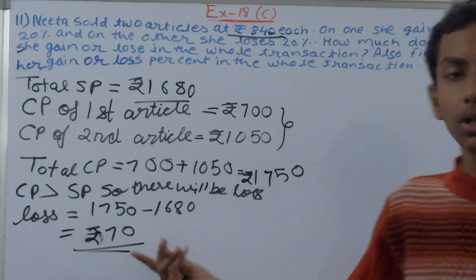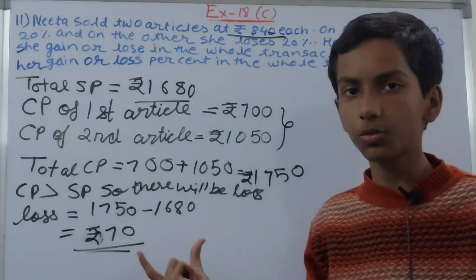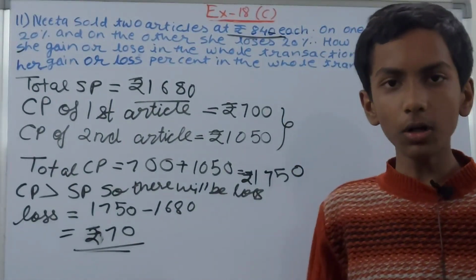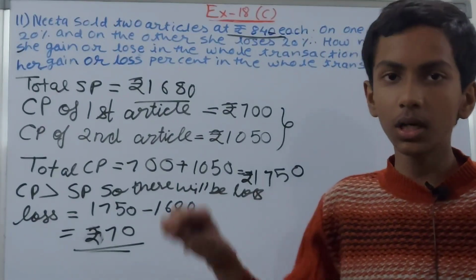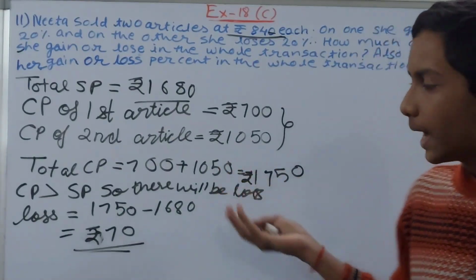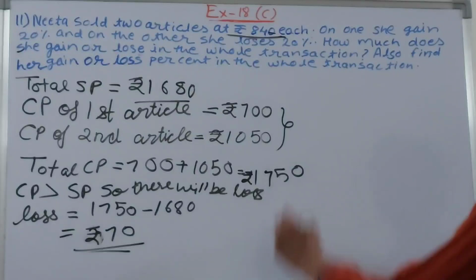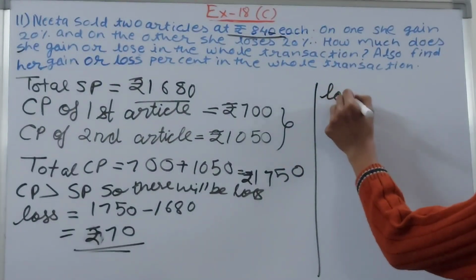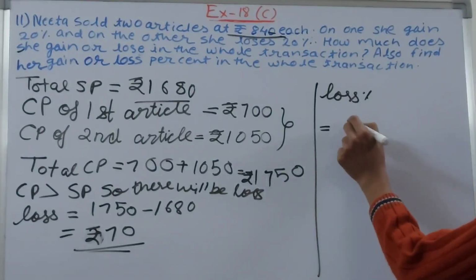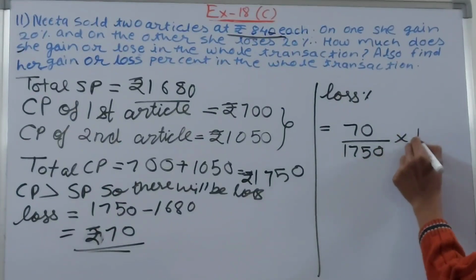Now you see here, she lost rupees 70 in the entire transaction out of the total cost price. So always remember, I told you that the gain percent or the loss percent is calculated on the cost price. The cost price is 1750, and on this we will calculate the loss percent. So the loss percent becomes loss upon the cost price, so 70 upon 1750 into 100.